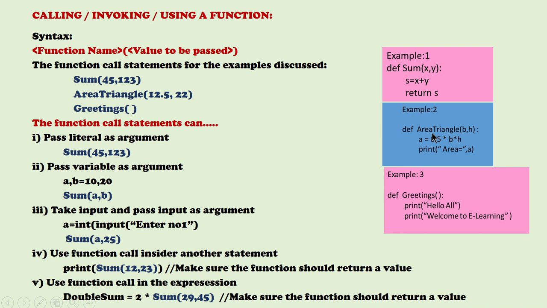Here you cannot write area triangle because it is not returning any value. It will just print, and it will not give you any value here. That does not make any sense here. So when you are using a function call in the expression, make sure that the function returns some value. So these are all the things that you have to keep in your mind while writing the function call statement.